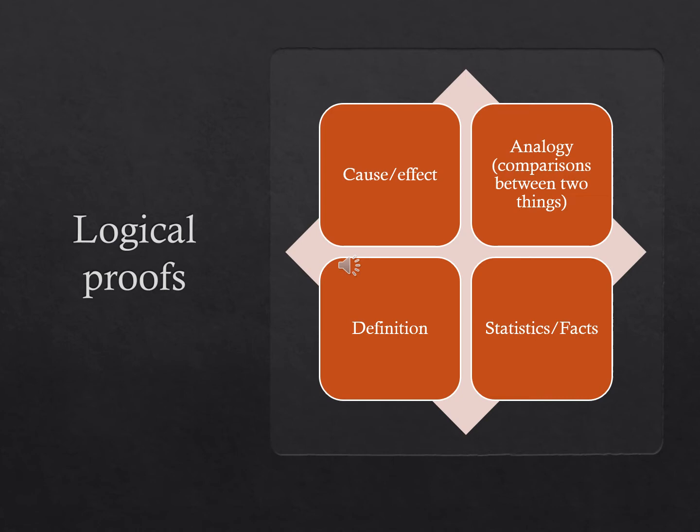These are all ways to reason. These are all ways to logically prove an argument. When you're analyzing the ad, how do the authors use logical proof? When you're creating your own paper, how do you use logical proof? So think about that in the next two essays that we're writing. But for this essay, the analysis paper, how does the author use logical proof?